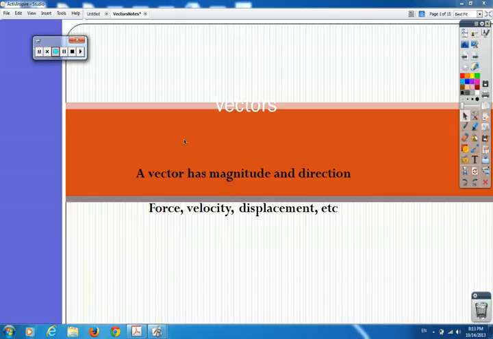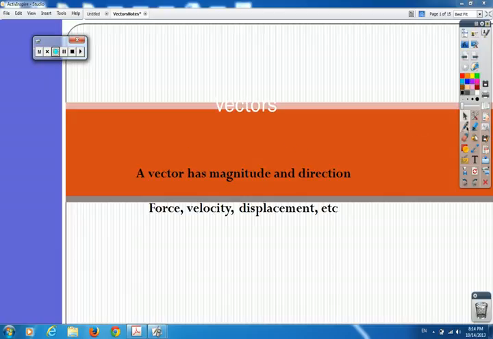What we'll be talking about for quite a bit actually is using this idea of a vector to represent what we're doing. If you remember back, a vector has a magnitude and a direction, as opposed to a scalar, which was just a magnitude, a number.